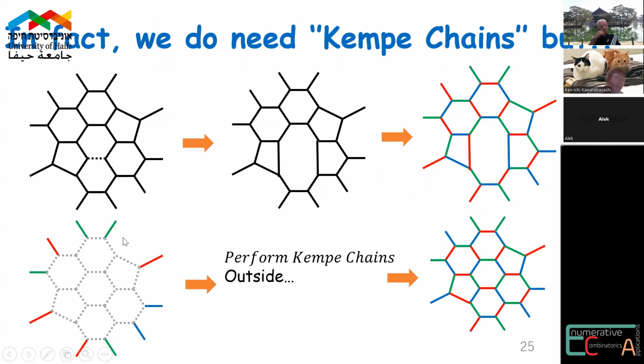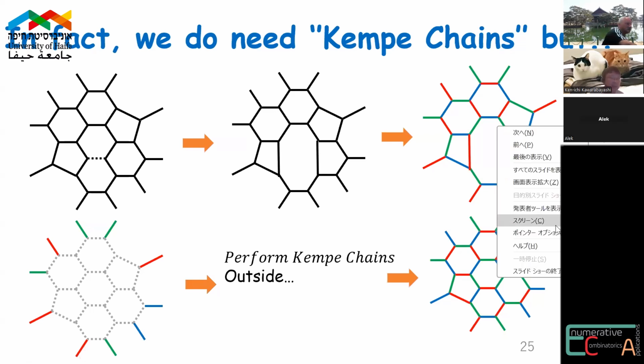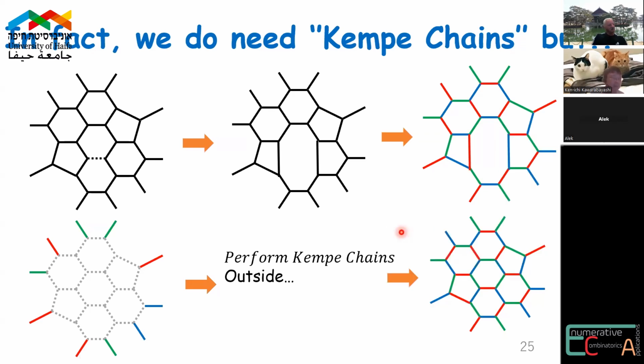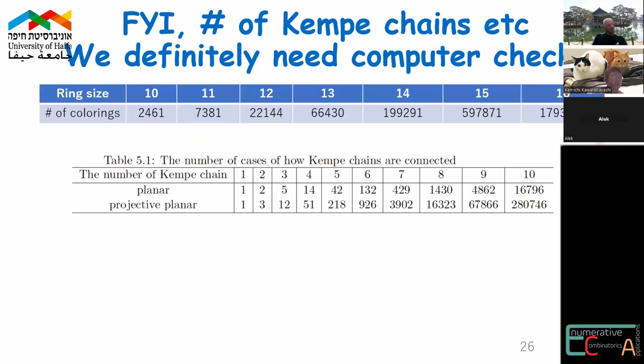But in this case, you have to consider all the colorings and extend for each coloring inside here. So that seems like a lot of cases, right? And in fact, the number of colorings we have to consider is this many, almost like 2 million.